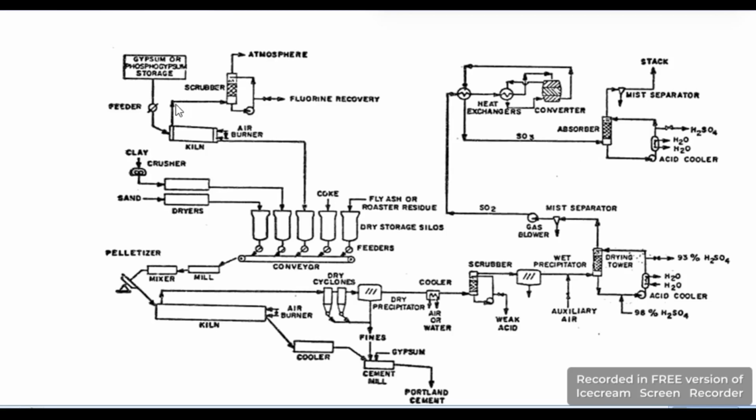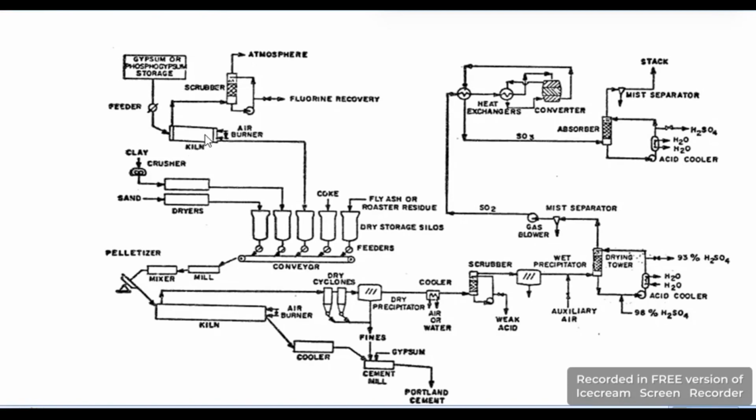Here is the entry point of gypsum, and through a feeder a calculated quantity of gypsum is sent into the kiln for the combustion process. For combustion, air is also provided from the opposite side of the kiln, and that air provides oxygen for the process. The purpose of heating gypsum in the kiln is to evaporate the crystalline water. After that reaction we will get a two-phase product.